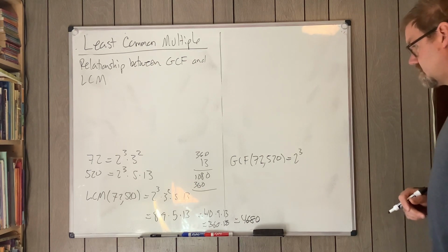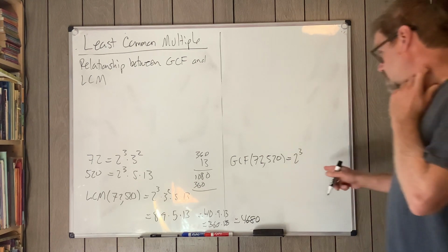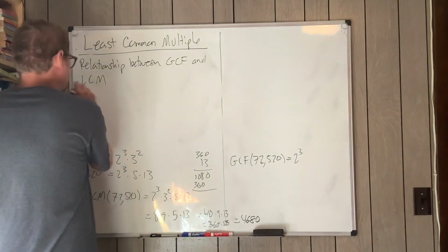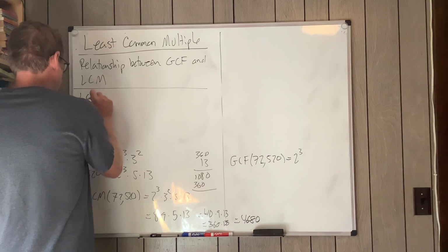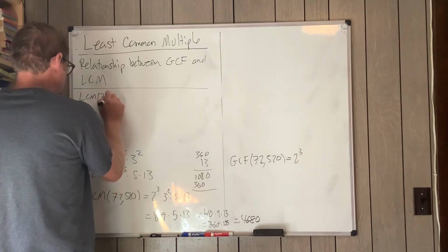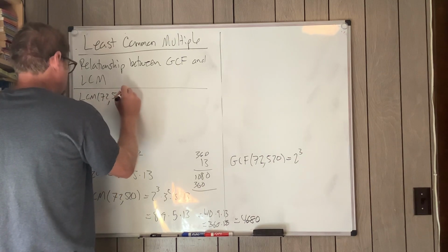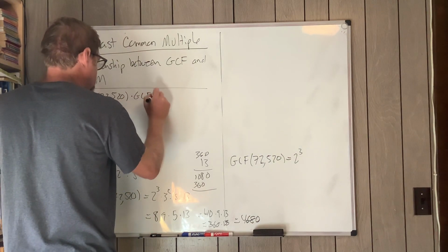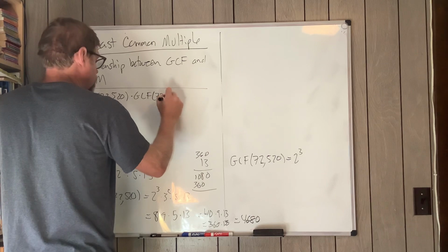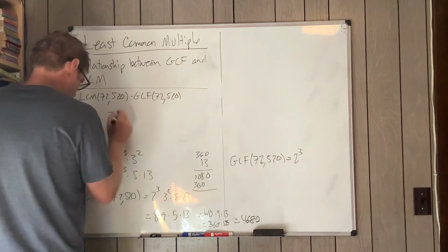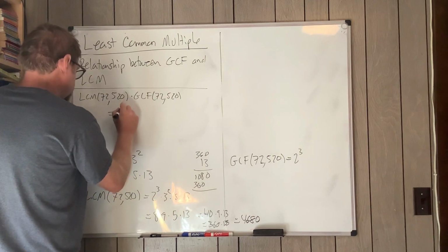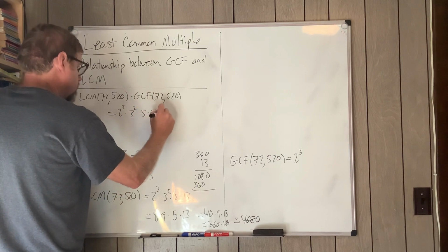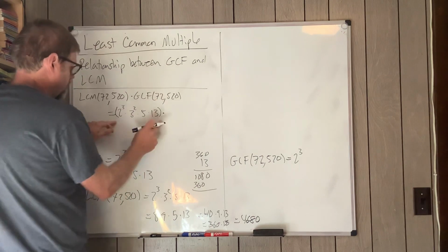And one thing to notice is if I have the LCM, and I'm just going to do this example first, and I multiply the GCF of the two, then I have 2 cubed times 3 squared times 5 times 13. That's the LCM.